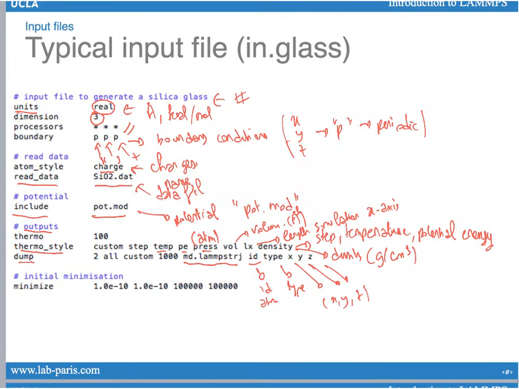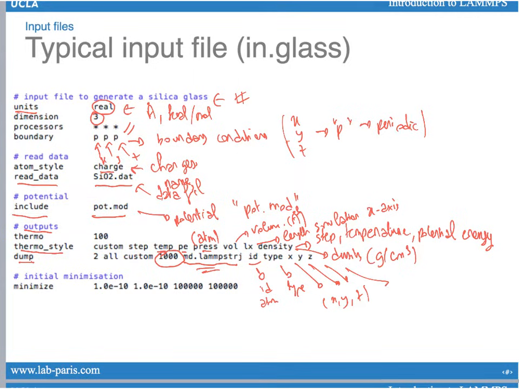And LAMMPS will do that after every given number of steps. So how often is LAMMPS going to give you this information? In this case, every 1,000 steps, which means that every 1,000 steps, so step 1, then step 1,000, then step 2,000, then step 3,000, etc., LAMMPS will add in this file the ID and the position of all the atoms.